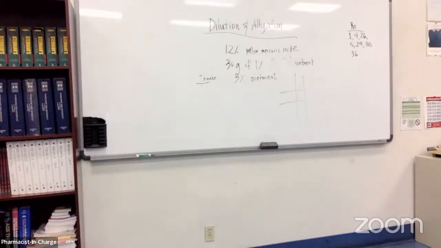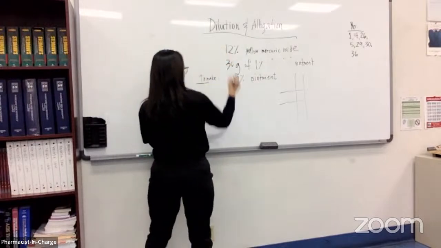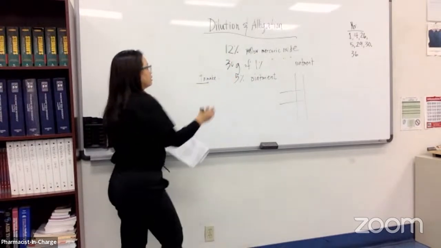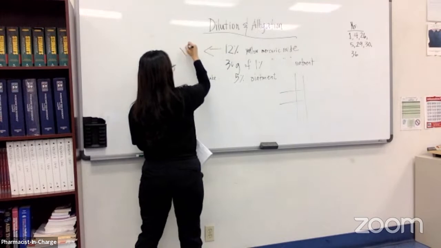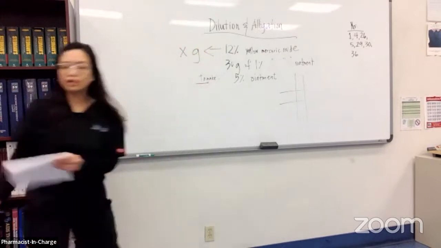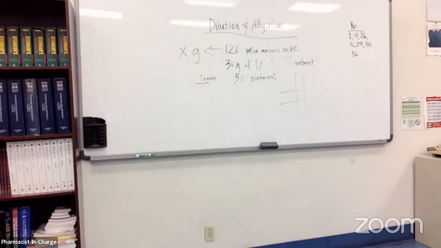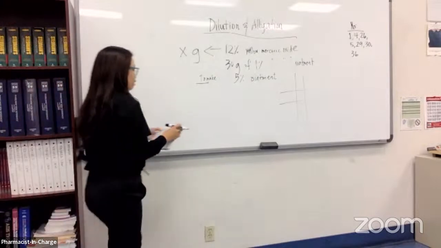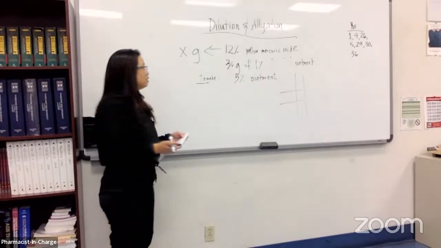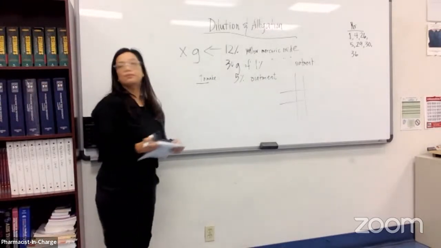Read the problem again. How many grams of 12% yellow mercuric oxide must be added to 30 grams of 1% yellow mercuric oxide ointment to prepare a 5% ointment?